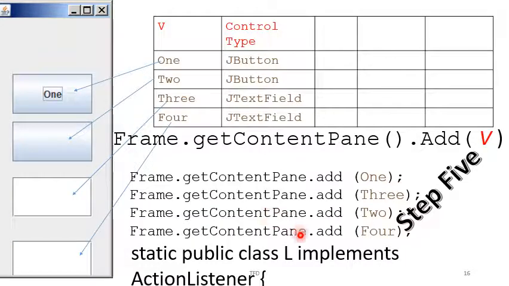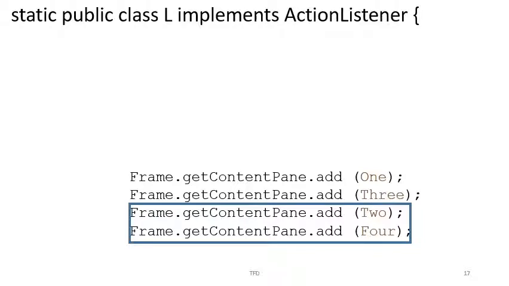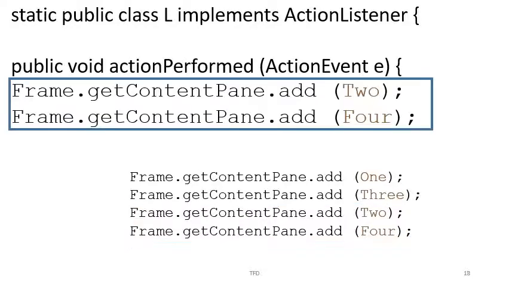So these two lines here will be in here someplace, and that's different from steps 1 through 4. Thus, these two lines over here really are going to be in here.